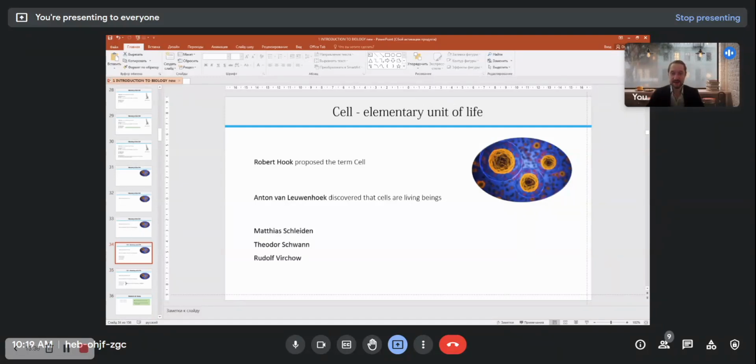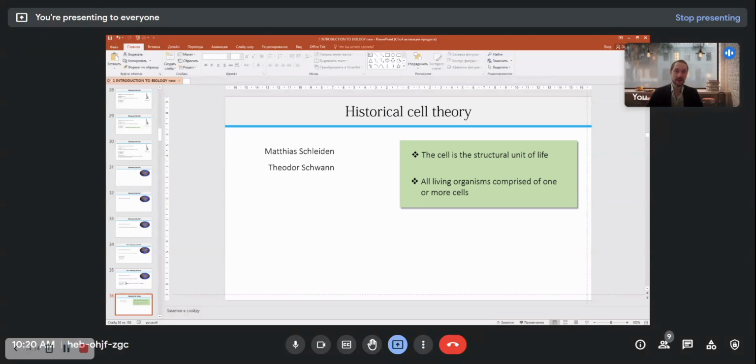And then other prominent people, Matthias Schleiden, Theodor Schwann, and Rudolf Virchow, analyzed information that was acquired with the help of microscopic techniques, and they created what we call cell theory. So they proposed ideas that comprised the initial cell theory that is actually still very relevant. Of course, now it is updated, but it is very relevant now what was proposed by these prominent people a lot of time ago. So historical cell theory is composed of several concepts.